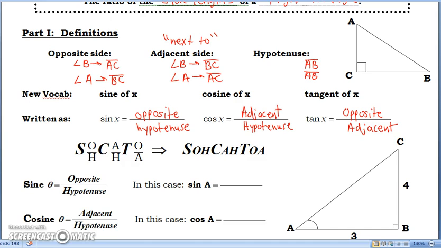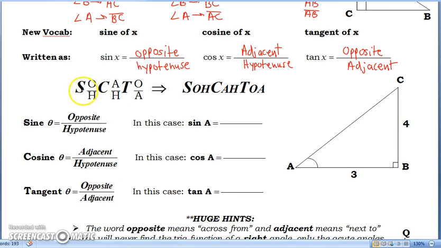So we have these three trig functions. Each of them is a ratio of two sides of the right triangle. The way that you can remember these is by the word SOHCAHTOA. Some people write it as one long word. Some people write it with the S, C, and T capitalized, and then the different ratios side by side as fractions.